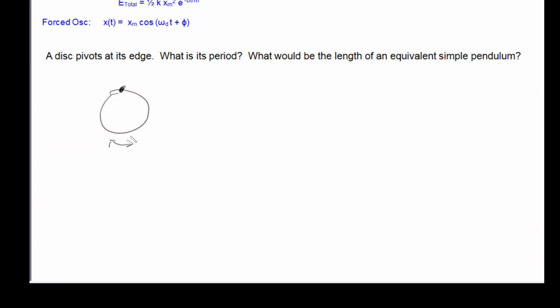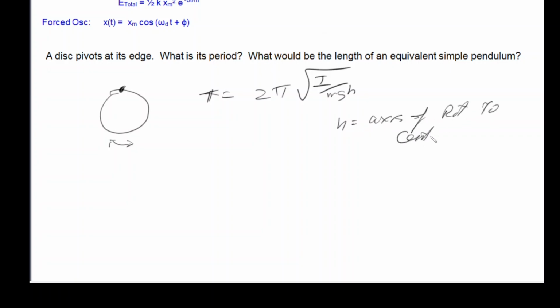So we know that for a physical pendulum, the period is equal to 2 pi times the square root of moment of inertia over mgh, where h is the distance from the axis of rotation to the center of mass. So in this situation, h is equal to r, because that's the center of mass and that's the radius.